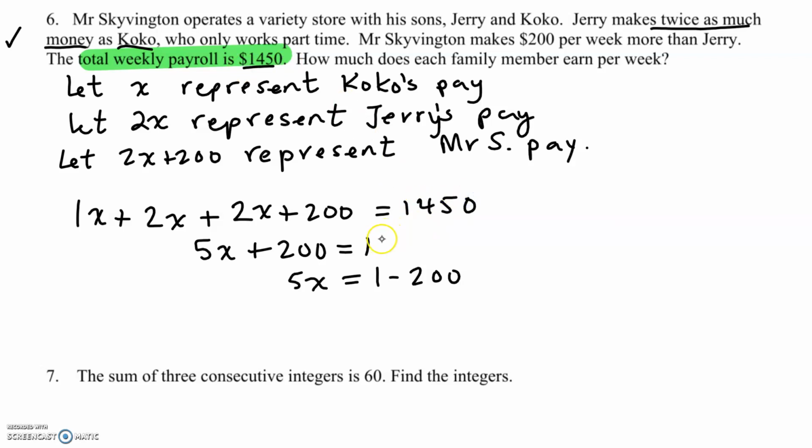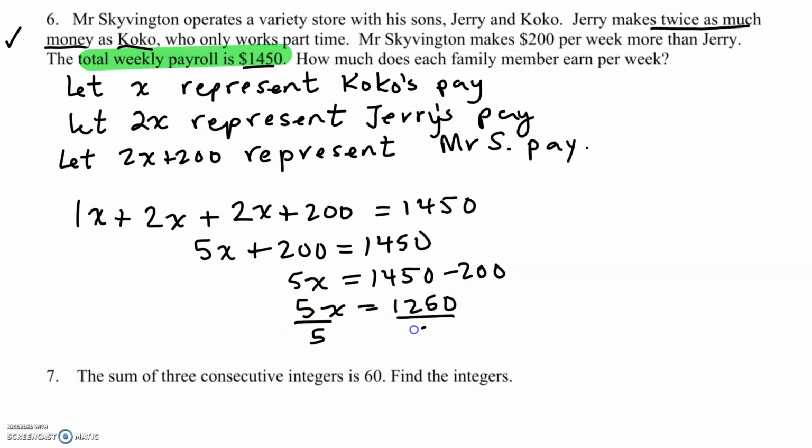If they only made $1 per week, I think they'd go out of business pretty quick. All right, let's try that again. So that's $1,450, subtract 200. So then 5X equals $1,250, and we'll divide both sides by 5. So that is going to be $250 for X.